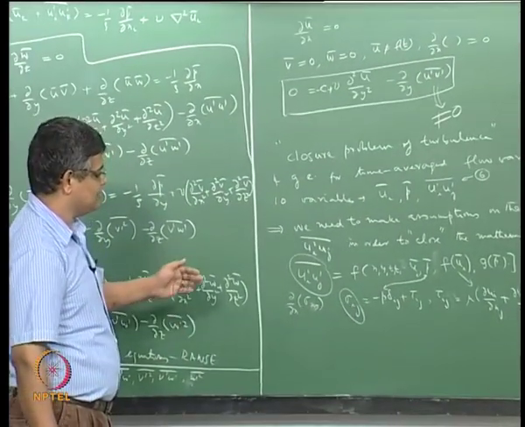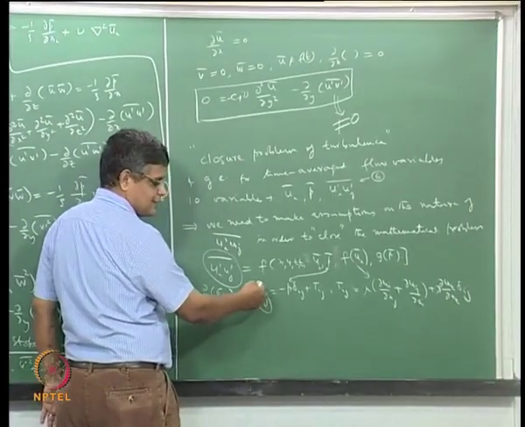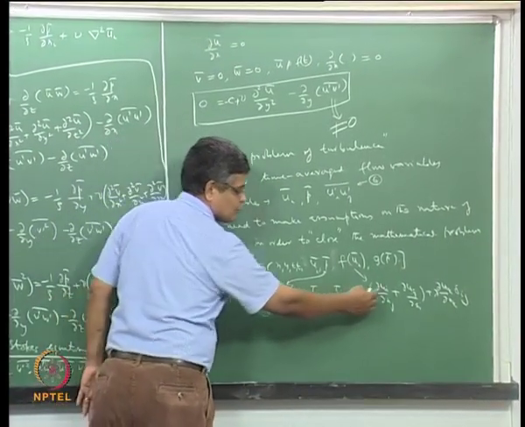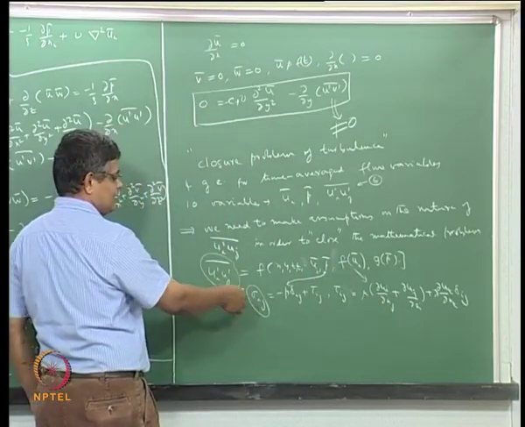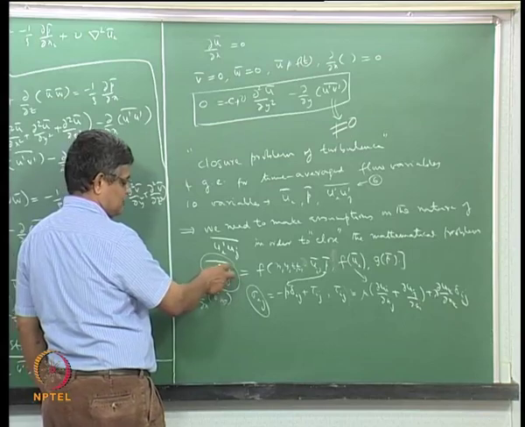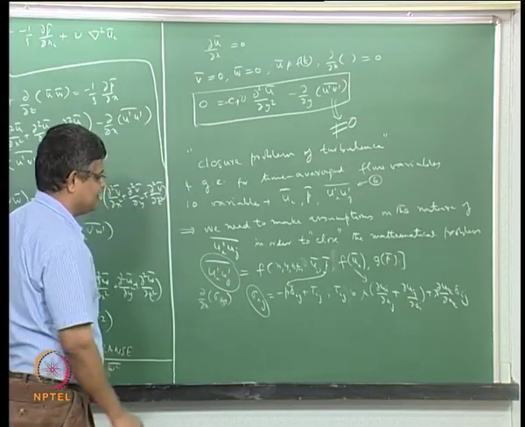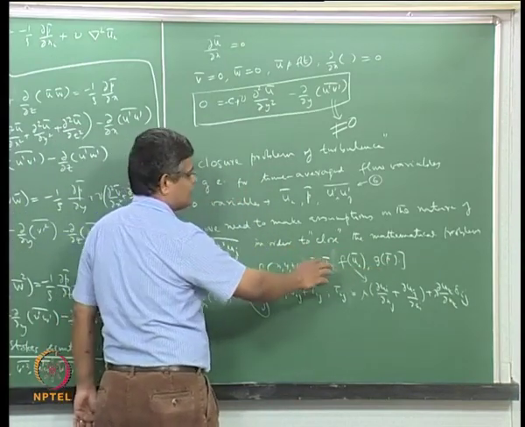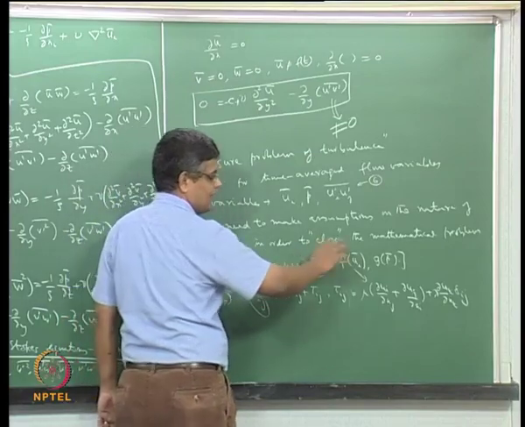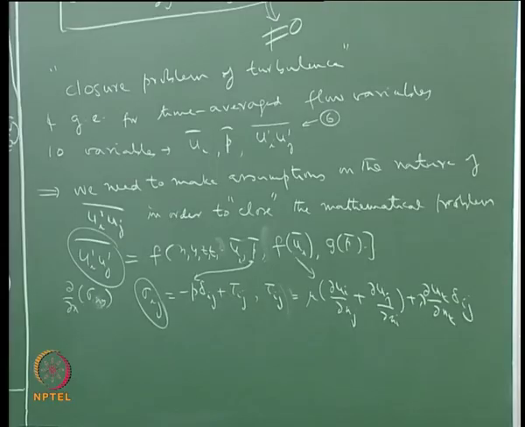So just as we have derived expressions for the stress tensor in terms of the velocity gradients or the strain rate tensors, we would like to derive a similar expression for this ui prime uj prime bar, that is the time average quantities of these things, in terms of variables that we are anyway solving for, which are anyway appearing as variables of interest for us.